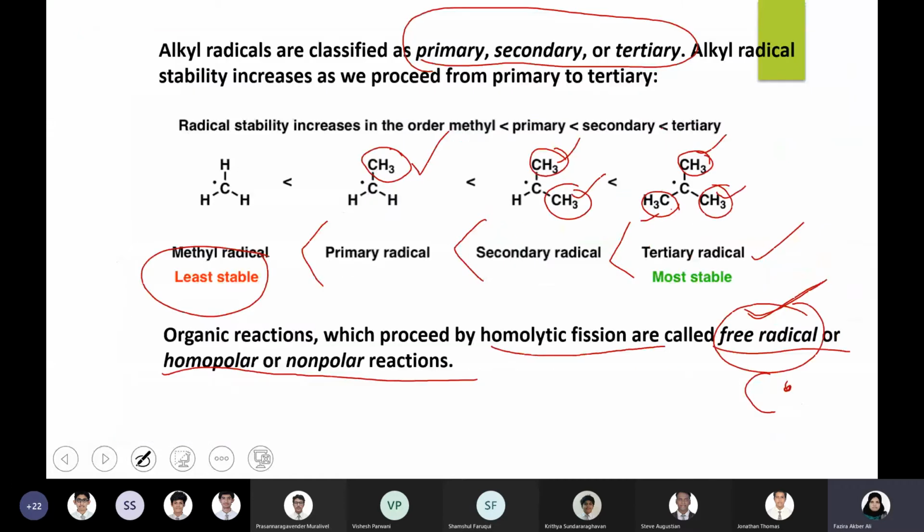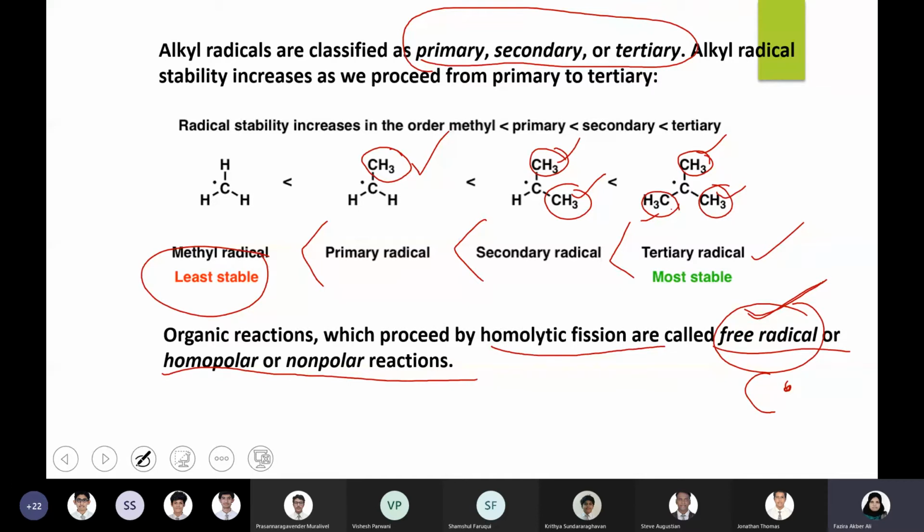Here the free radical can also be classified as primary, secondary and tertiary free radicals based on the number of alkyl groups, and we also compared its stability, tertiary being more stable, and primary or methyl radical the least stable one. Okay, so this is the end of the fission of covalent bond.